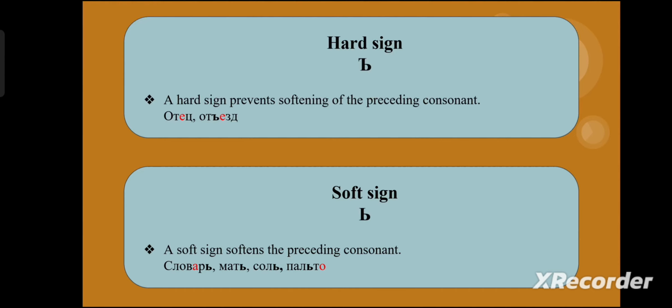Don't read mat, but read mat. Don't read soul, read soul. Don't read palto, read palto. Here we have a soft sign in these words, so it makes the preceding consonant also soft.